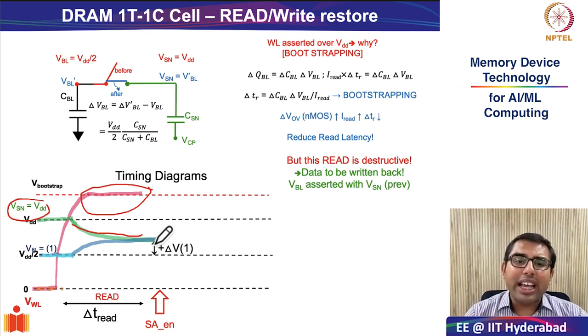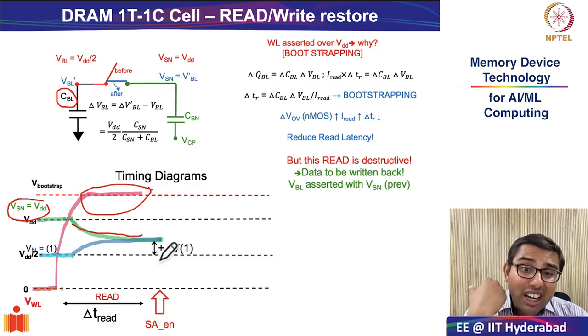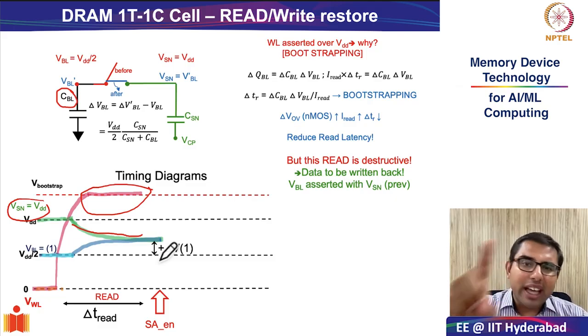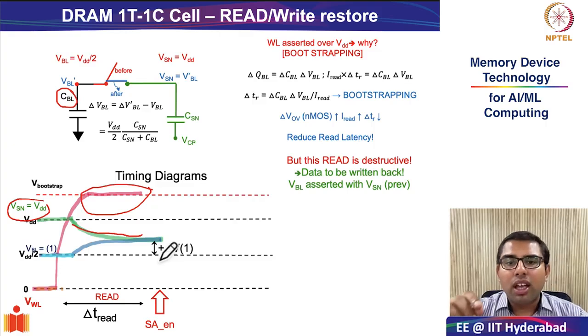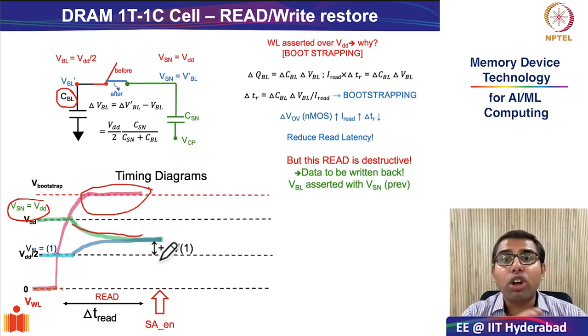What essentially happens is the VBL is asserted to the previous value of the storage node. Now you already know that by the read operation, the sense amplifier already knows what was the original value present in the storage node. We will see the exact schematic with a specialized latch design of the sense amplifier, but I'm just giving you the overall concept right now.